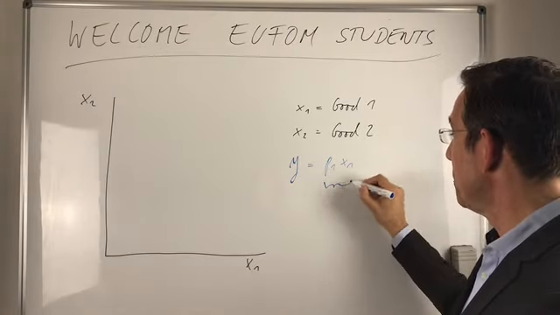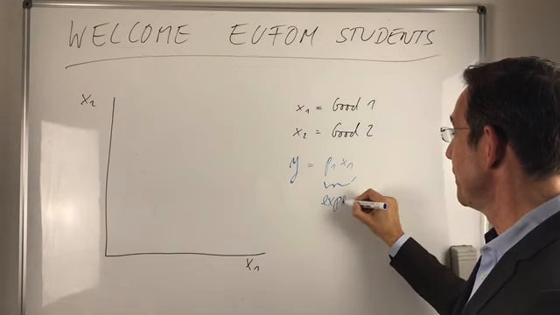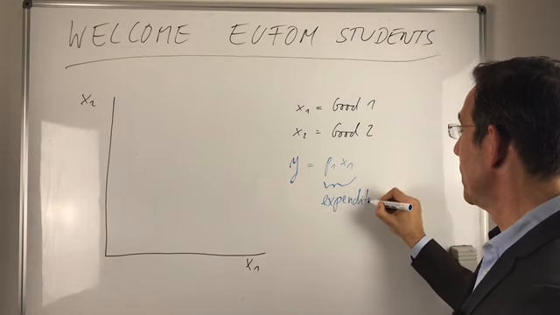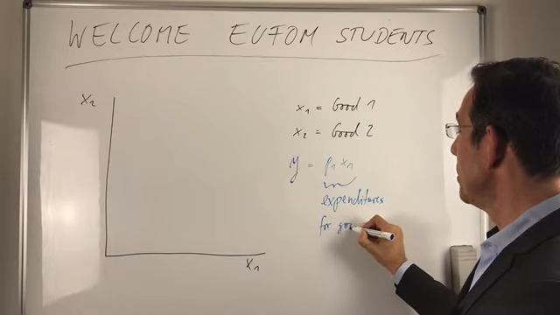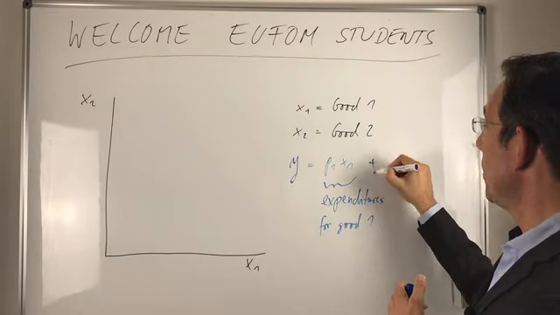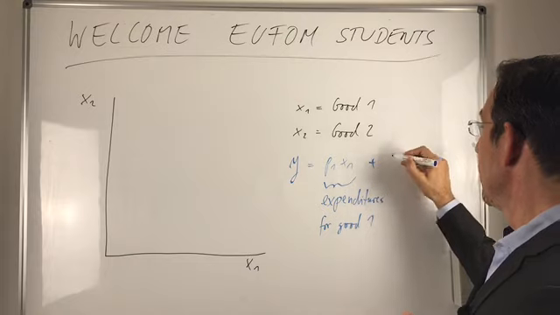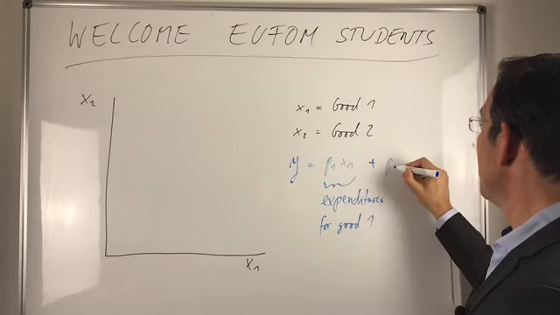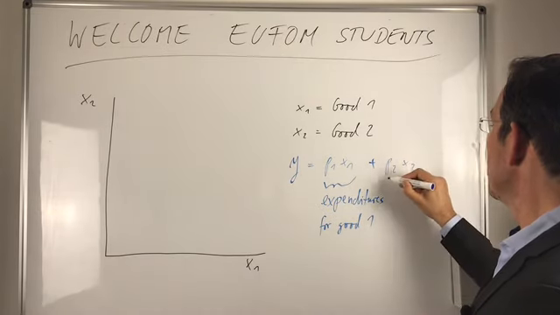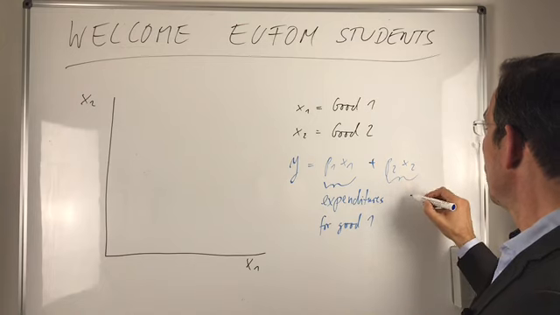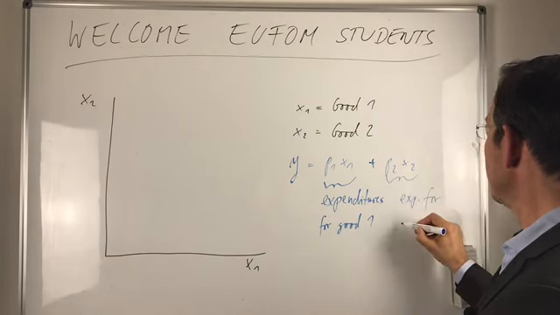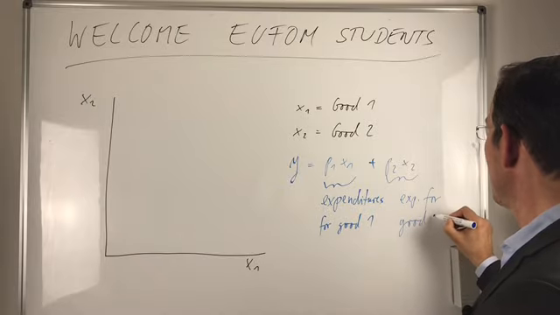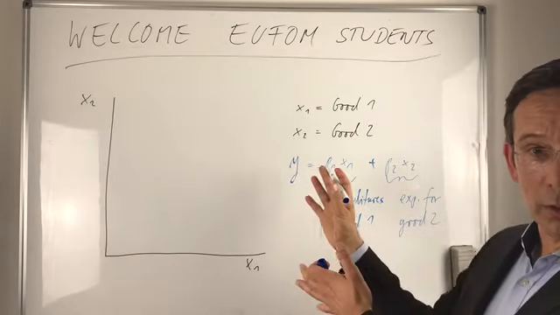So these would be the expenditures for good one. Or you use your income to spend money for good two. So these are the expenditures for good two, right?